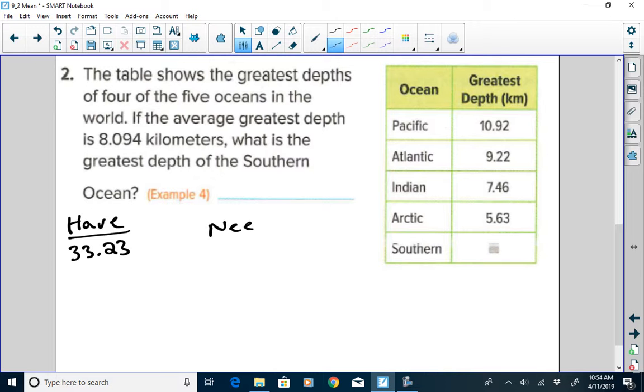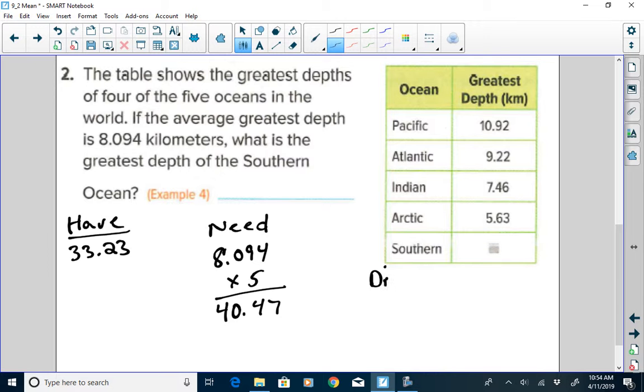We need, if we have a mean of 8.094 for 5 oceans, let's find that. 8.094 times 5 is going to be 40.47. That's what we need.